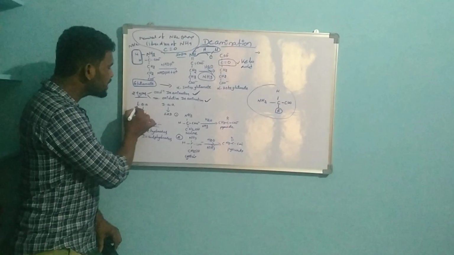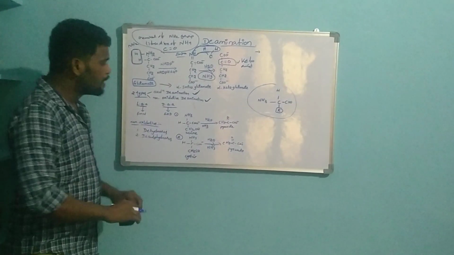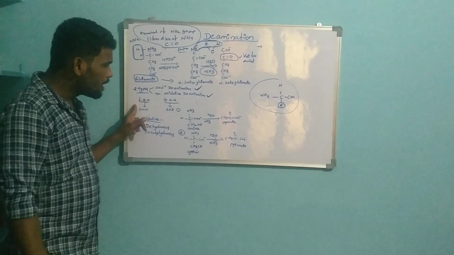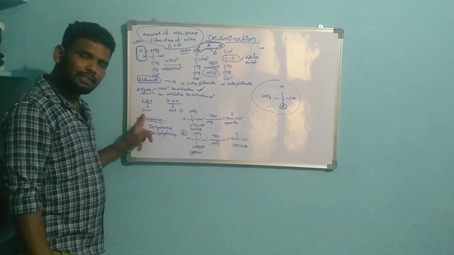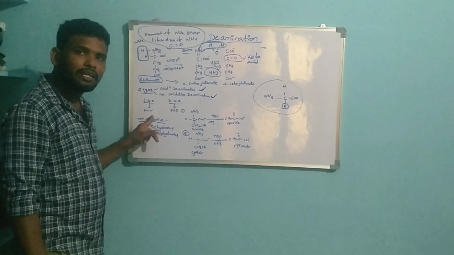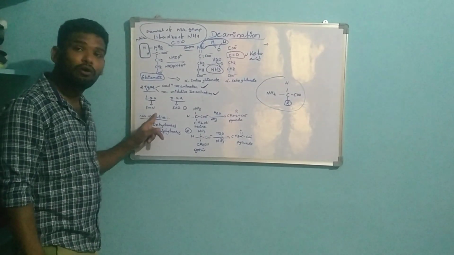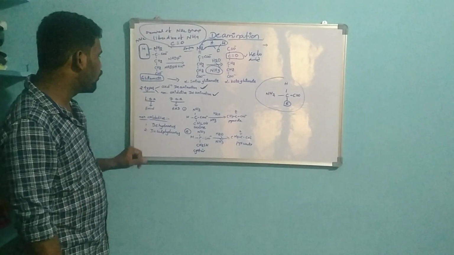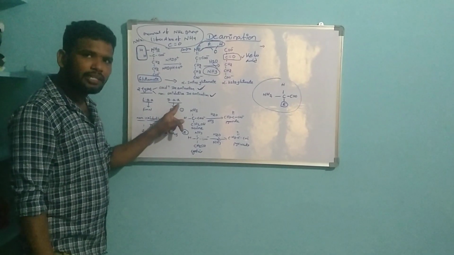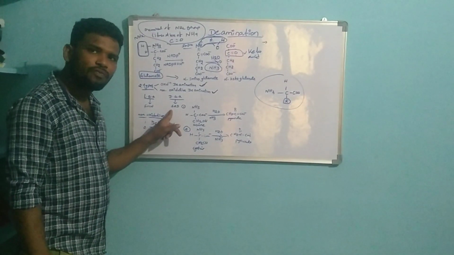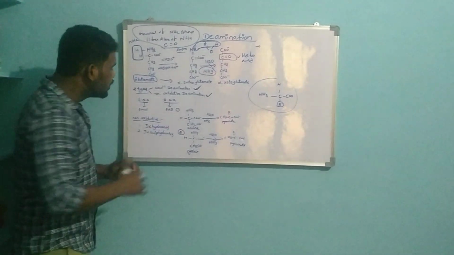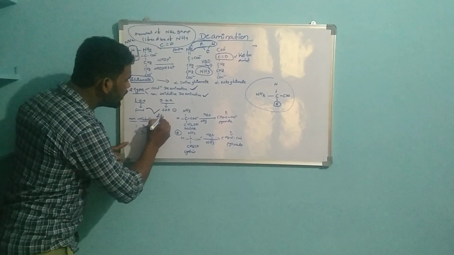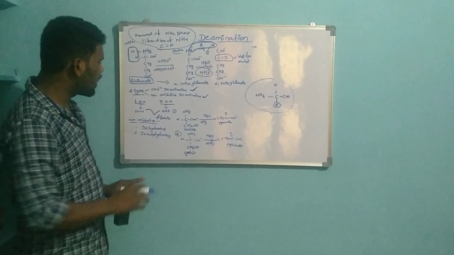The levoamino acid works in the presence of a flavoprotein, that is flavin mononucleotide, FMN. Next, dextroamino acid works with FAD, which is flavin adenine dinucleotide. So both are flavoproteins.